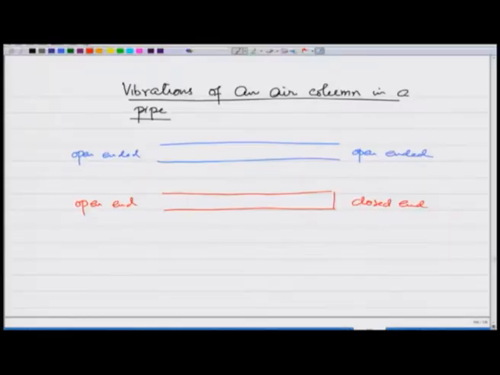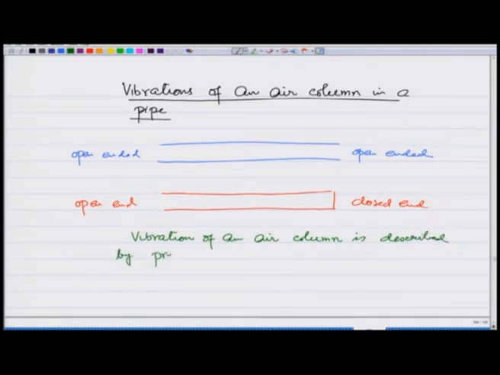Now, remember, vibration of an air column is described by pressure variation.